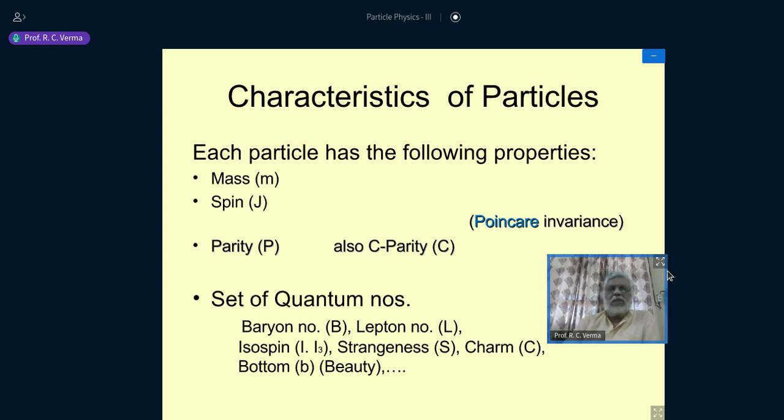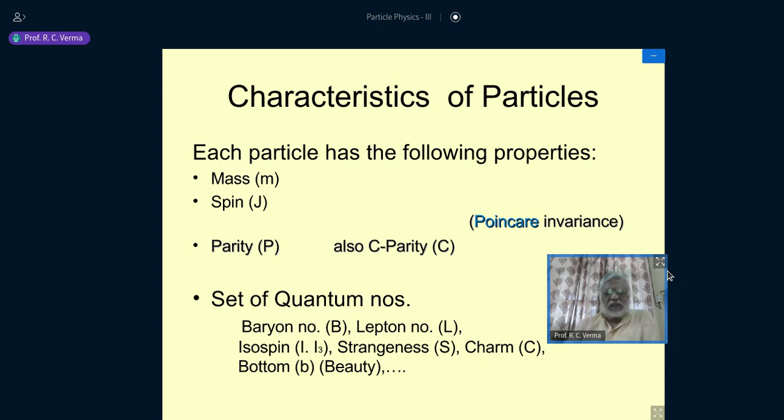But these particles also carry parity behavior, and typically C parity behavior also. And then besides that, they have another set of quantum numbers, as I mentioned yesterday also. We have a plethora of quantum numbers to designate these states, and we have to live with them.